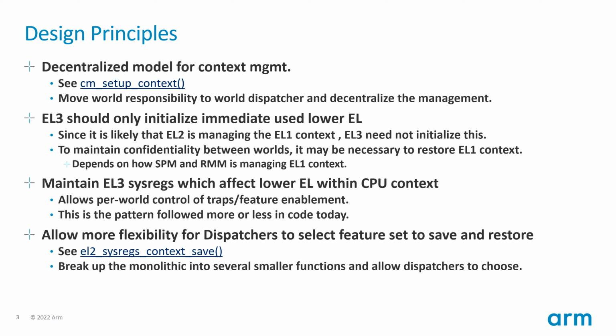Right. So that's a good question. The thing to be aware of here is if we need to differentiate feature enablement between the different worlds, then we would need to have separate build flags anyway.